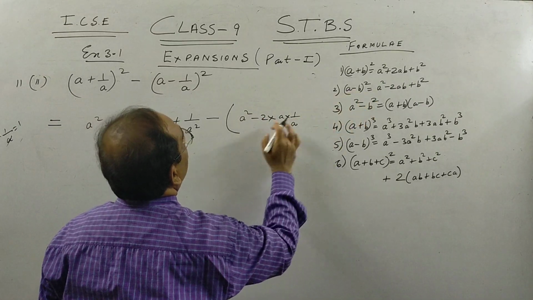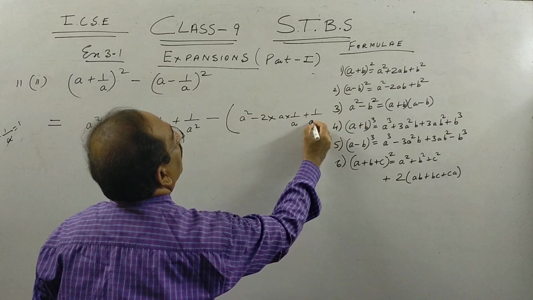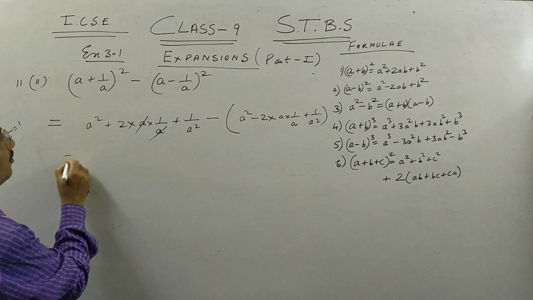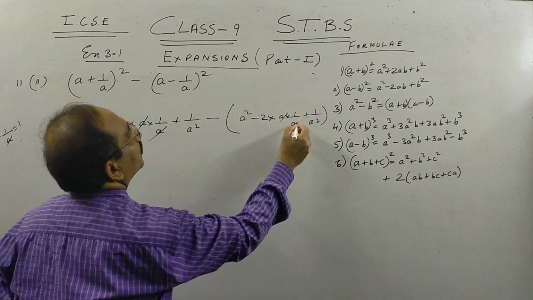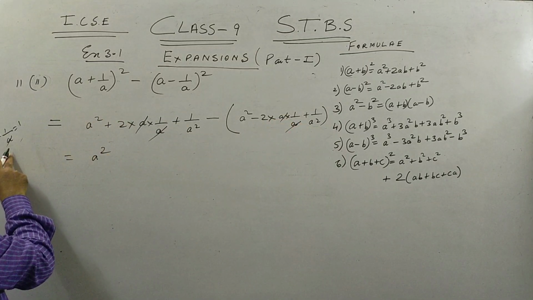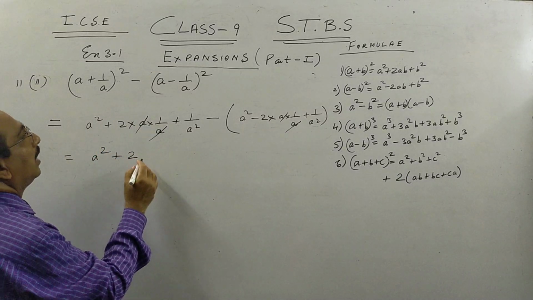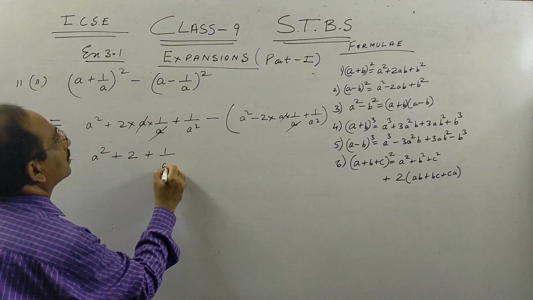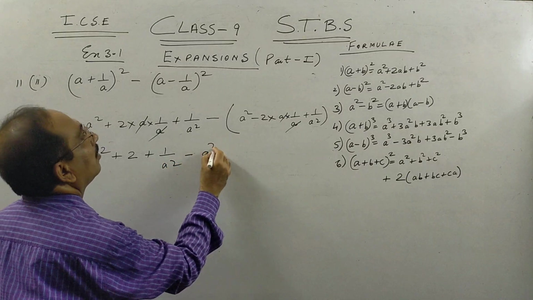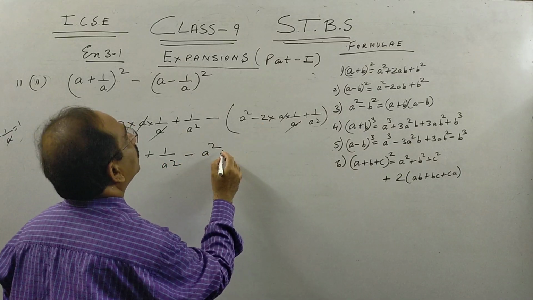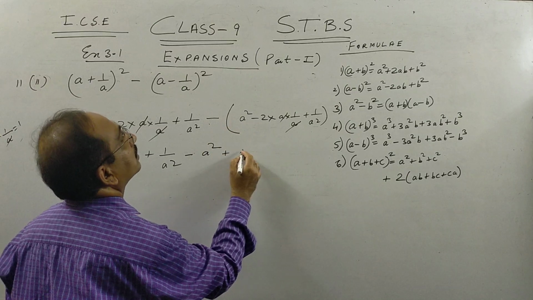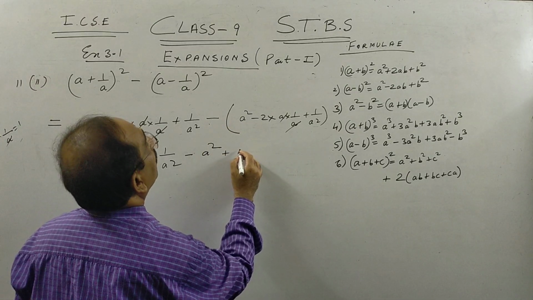Second term is minus plus 1 by a square. So what difference it makes, children, is that in reciprocal relationship, a and its reciprocal get cancelled, and we have here also plus minus minus plus, we get 2.